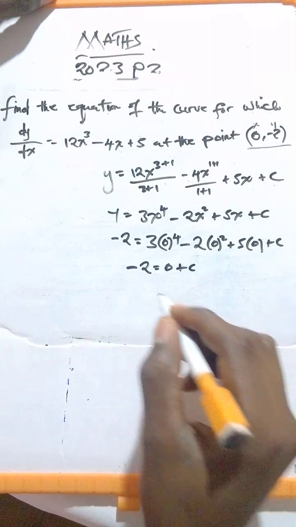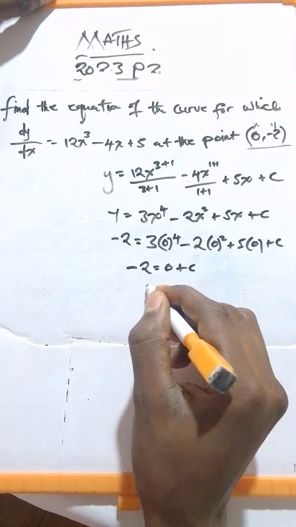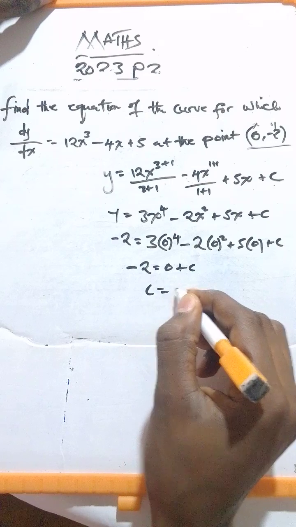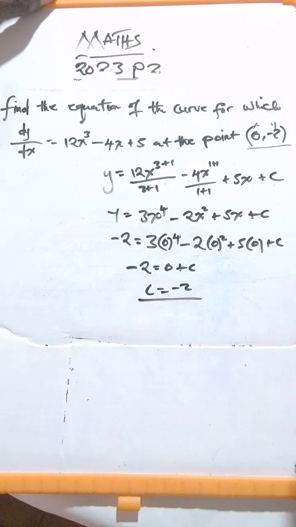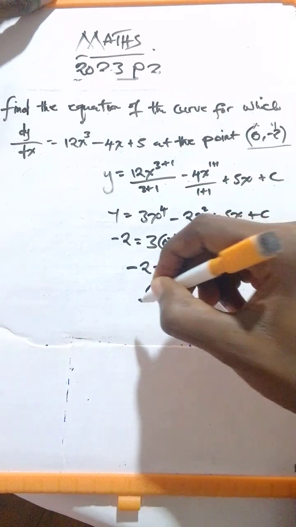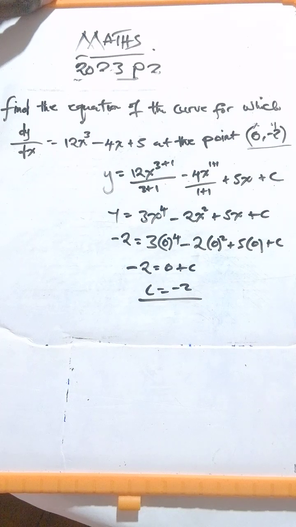Then from here, the value of c is equal to negative 2. So we have found the value of c.